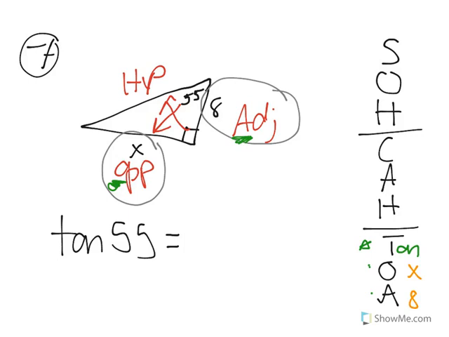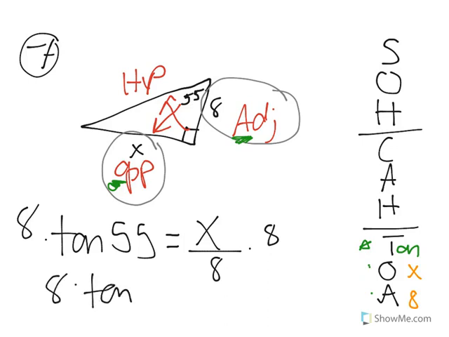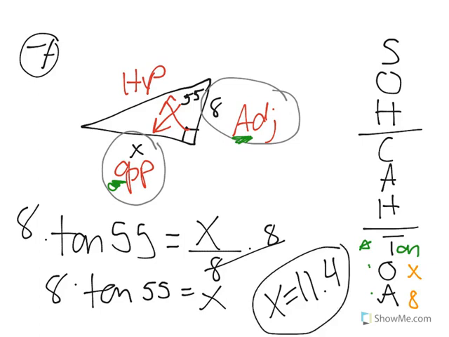So tangent of the angle is equal to x over 8. Multiply both sides by 8 to get x by itself. Once you do that, you have x by itself, and you can put that into your calculator just like that, depending on the calculator. So you get x to be 11.4.